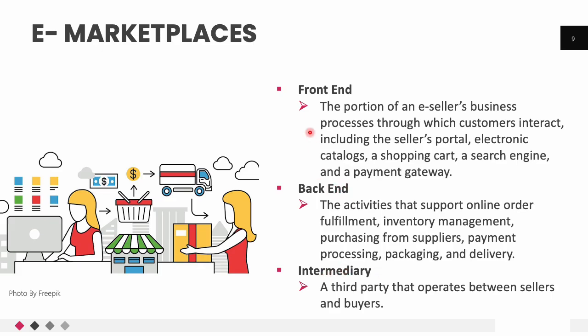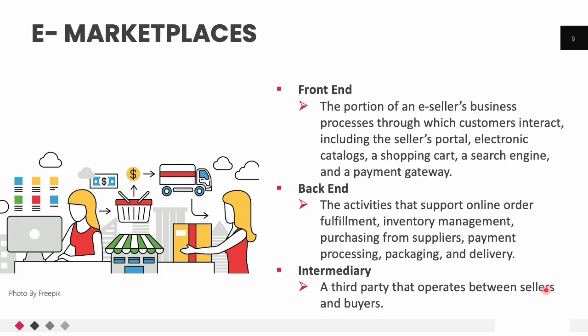The front end is the customer-facing side, the part of the online store that customers see and interact with, which includes the seller's portal, the main website or main app, and the electronic catalogs, the product listings with images, prices, and descriptions, and of course the shopping carts, search engine, and payment gateway.